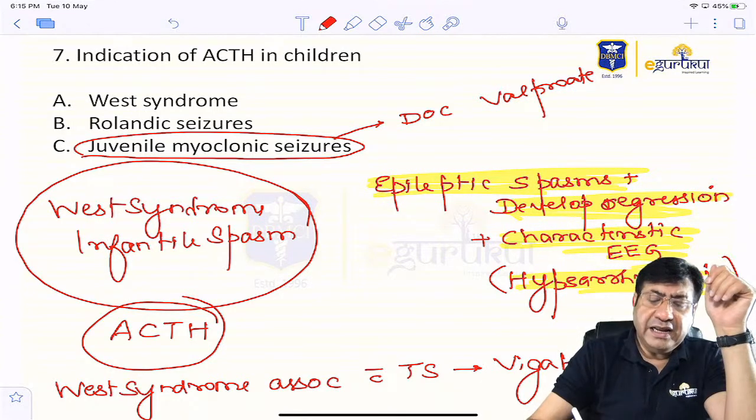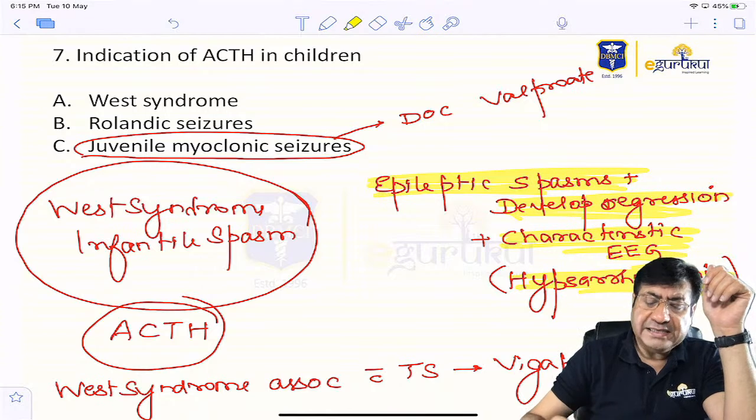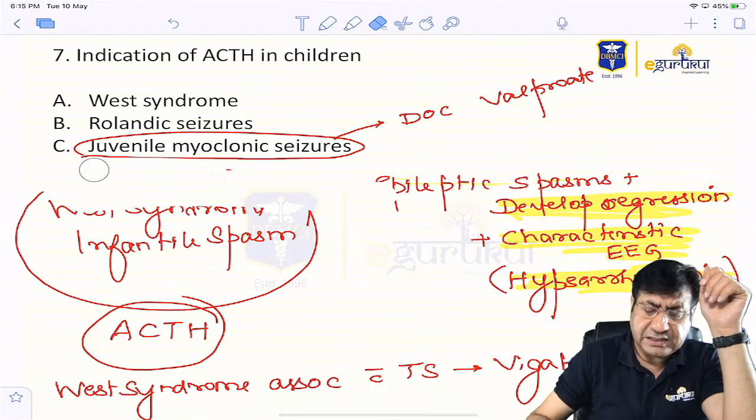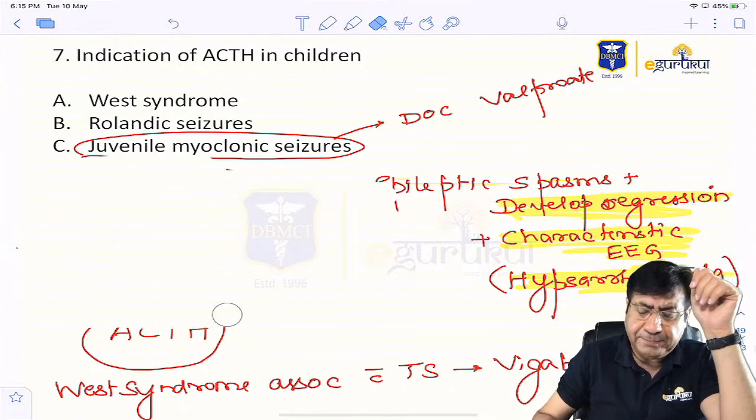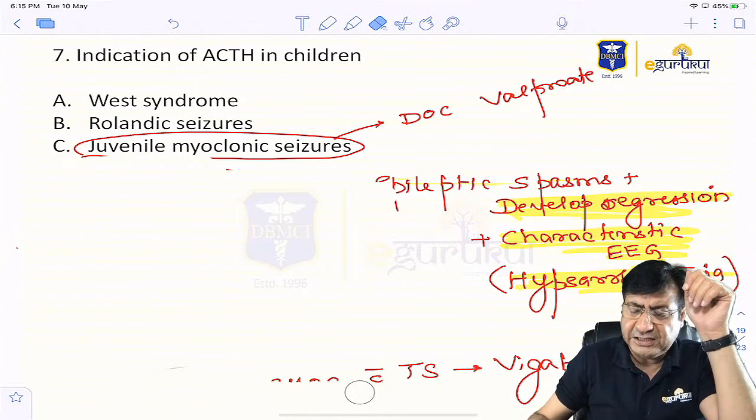Now, regarding Rolandic seizures, I have not discussed Rolandic seizures in my classes. Although Rolandic seizures are actually again common types of epilepsy syndromes that are seen in children.